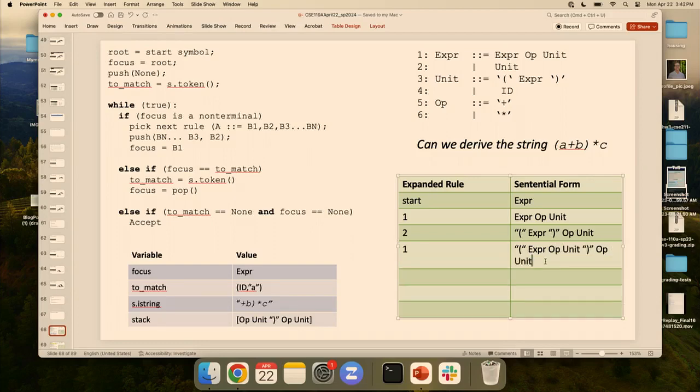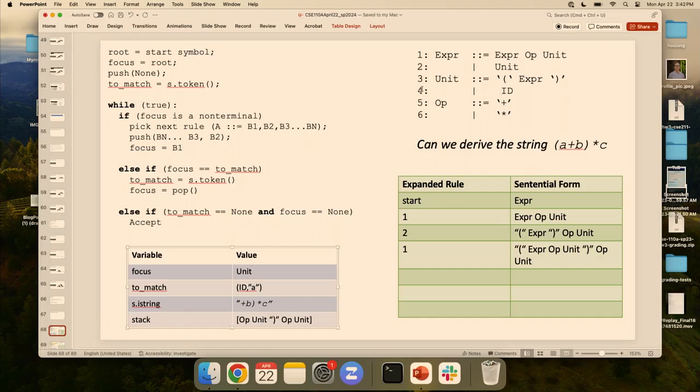So hopefully people can kind of see where this is going, where we sort of pick the rules, and you can see what we need to match. So this table, again, is just sort of guiding us down this algorithm. So again, where are we at? Expr here, we want this to become a unit. Because there's nothing else to push on the stack, that's fine. This unit comes down. And then what we probably want the unit to become is an ID.